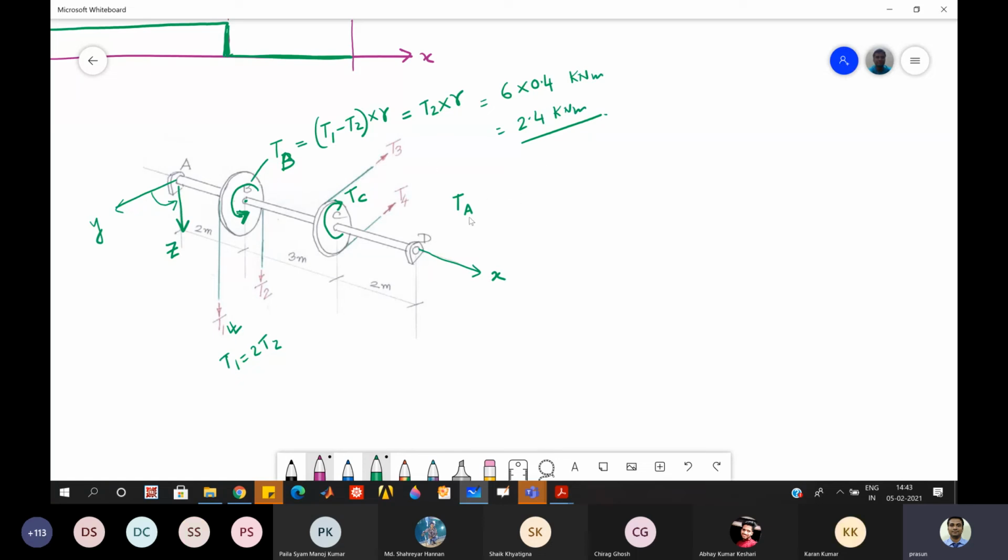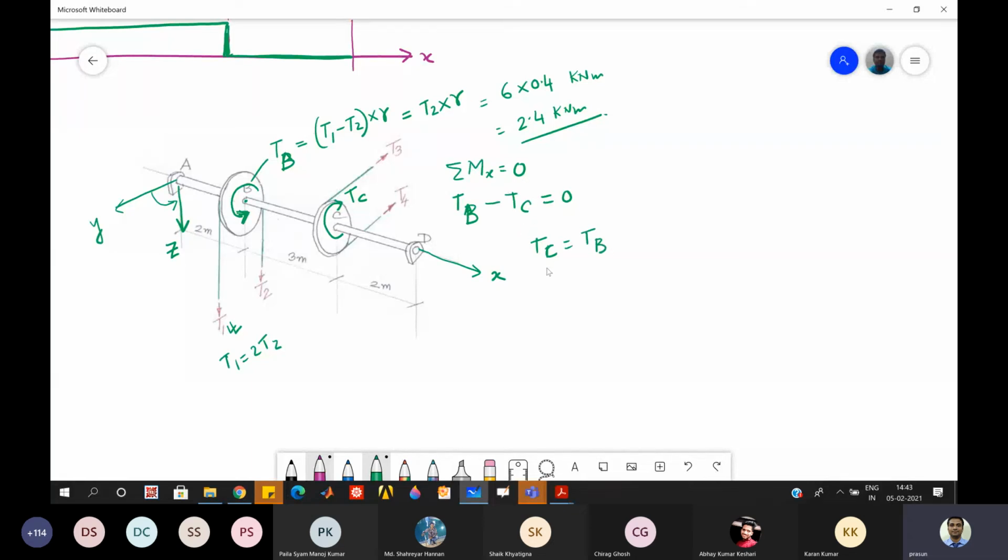If I write the equation, TB is positive and TC is negative, so the sum equals 0. This is the moment about the x-axis. So I can say TC will be equal to TB.